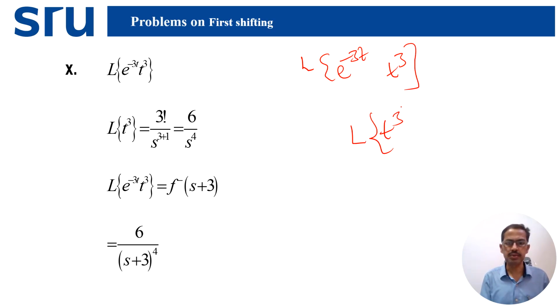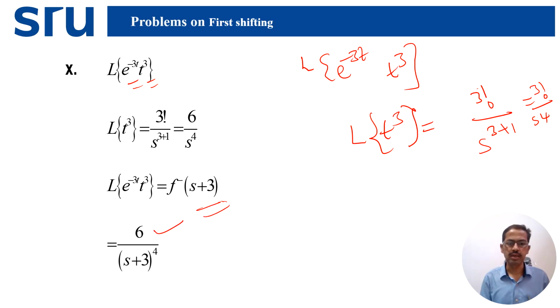The Laplace transform of t cube is 3 factorial by s to the power of 3 plus 1, so 3 factorial, that is 6, by s to the power of 4. Now for e to the power of minus 3t t cube, by the first shifting theorem, s is replaced by s plus 3. So 3 factorial is 6, by s plus 3 whole to the power of 4.